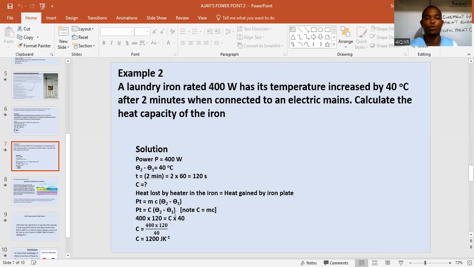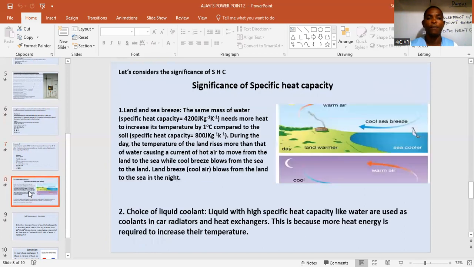So it's going to be substituted in this equation. By the time we substitute our values into that equation, we shall have a thermal capacity or heat capacity as 1,200 joules per Kelvin.